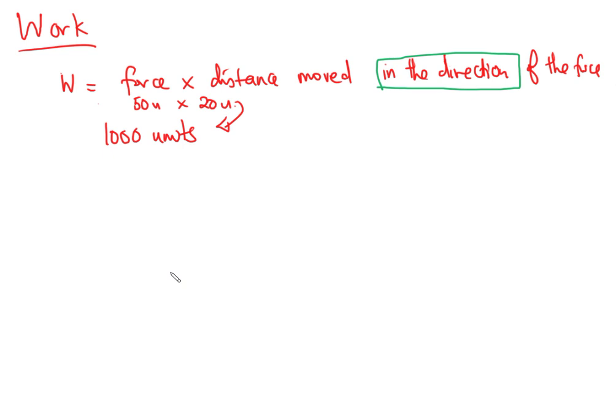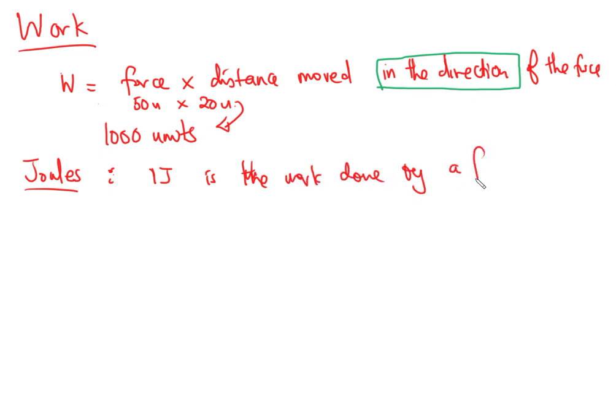By convention, work is measured in things called joules. We define 1 joule as the work done by a force of 1 newton acting over a distance of 1 meter in its direction.